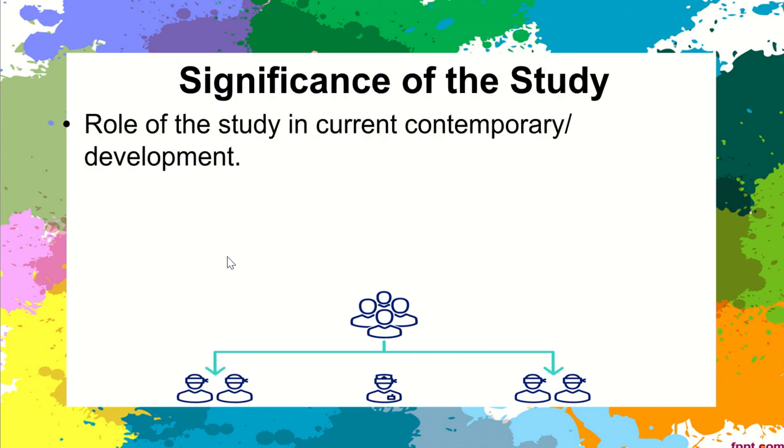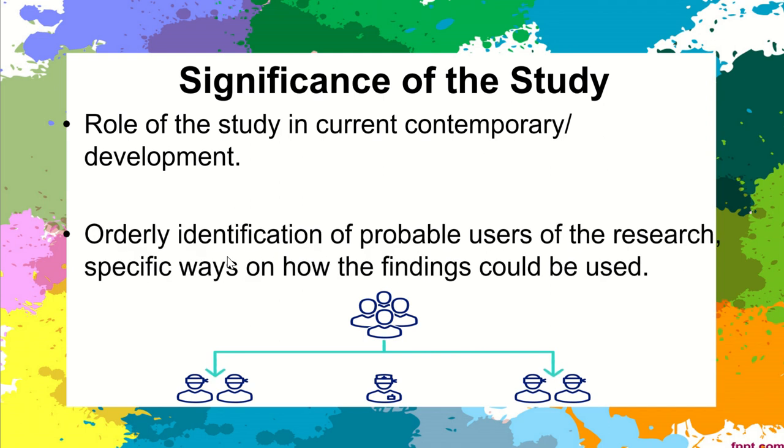Significance of the study. Here you identify the role of the study in current or contemporary development. So, orderly identification of probable users of the research and specific ways on how the findings could be used by the users you have identified. Now, usually, the probable users can be a group of people.